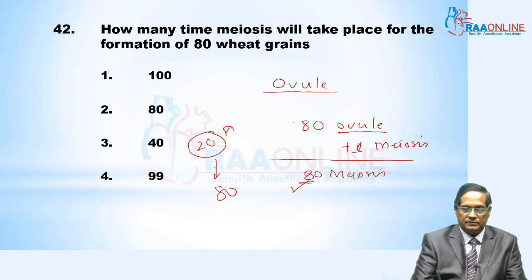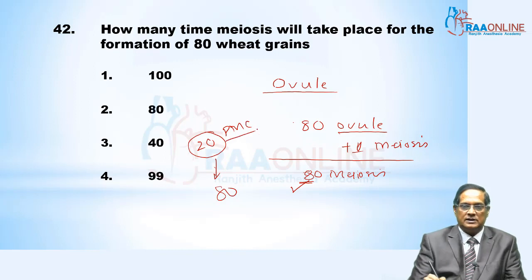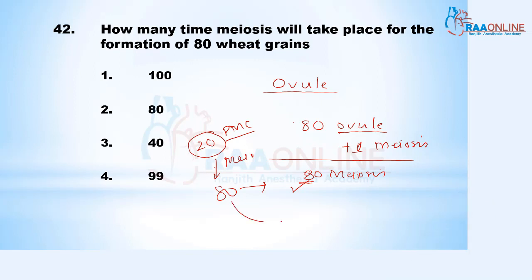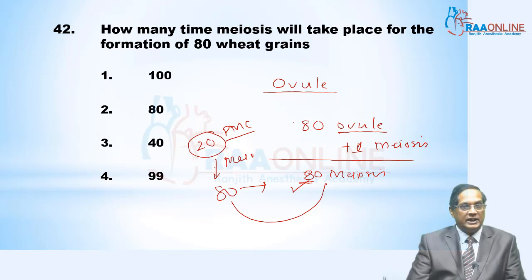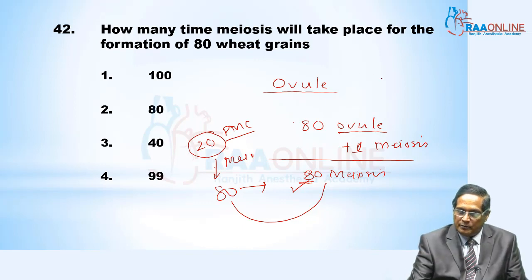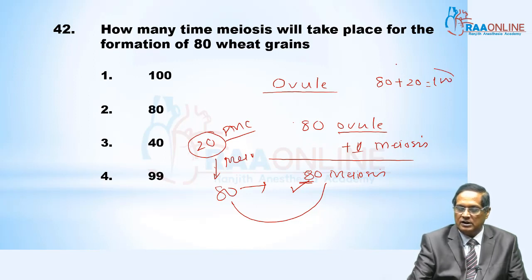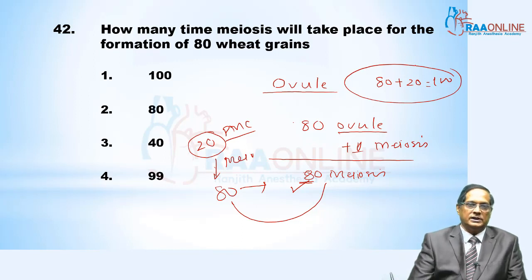So meiosis of 80 ovules and meiosis of 20 pollen mother cells gives a total of 100 meiosis.